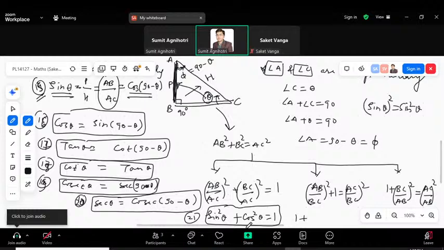AB by BC means P by B, which is tan theta. That's why you got the second identity, 22nd I should say. 1 plus tan square theta, and AC is hypotenuse, BC is base, it becomes sec square theta. 1 plus tan square theta is sec square theta. And here it is 1 plus cot square theta is equal to cosec square theta. You can call it the 23rd identity. In this way we develop these 23 identities.